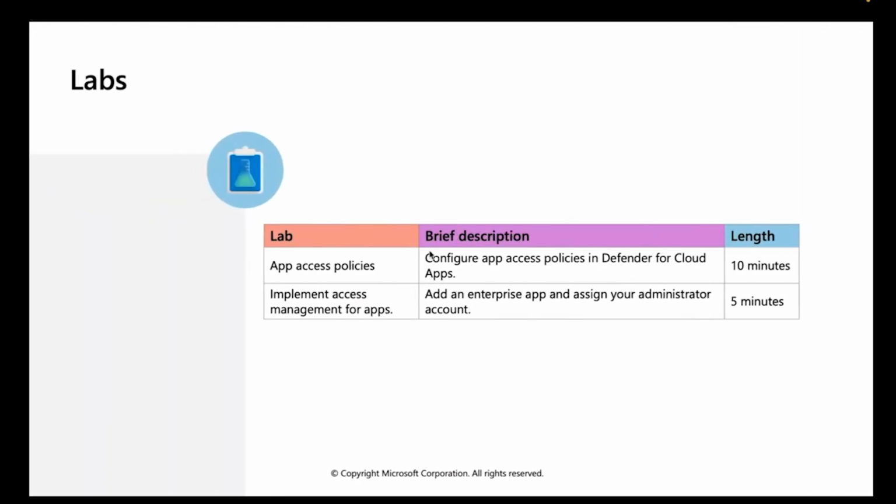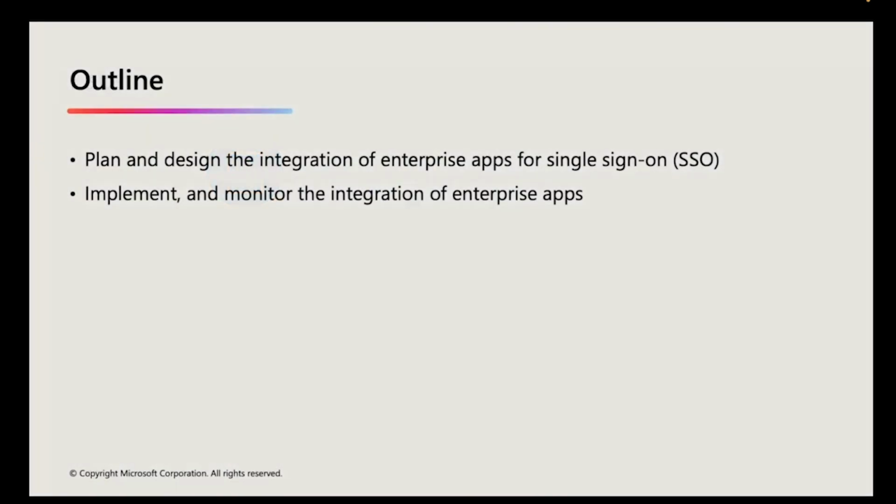So here definitely you will perform the lab activities and you can see more insights on this. Now, if you talk about what we have covered so far, we covered plan and design the integration of enterprise applications for single sign-on, and implement and monitor the integrations of enterprise applications.